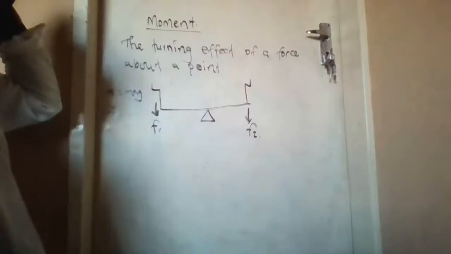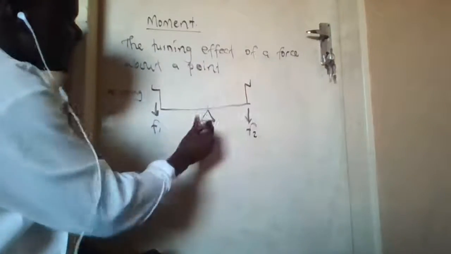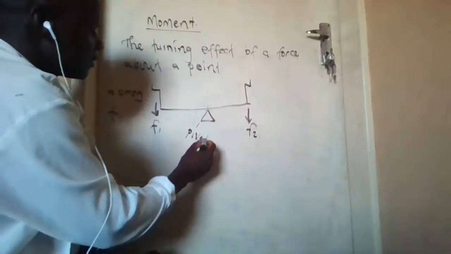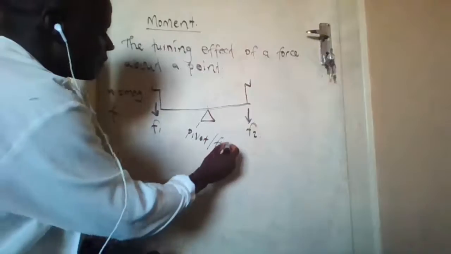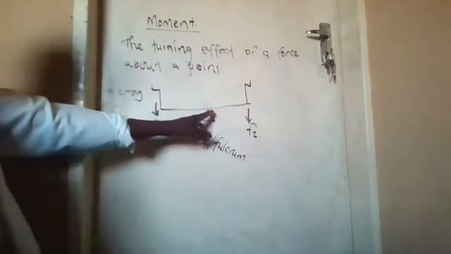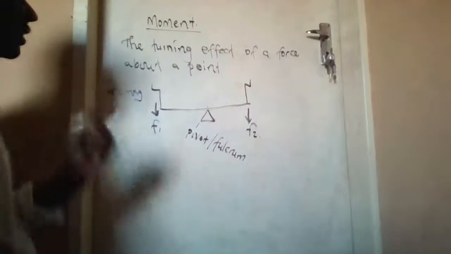Now, the point where this beam is supported is called the pivot or fulcrum.